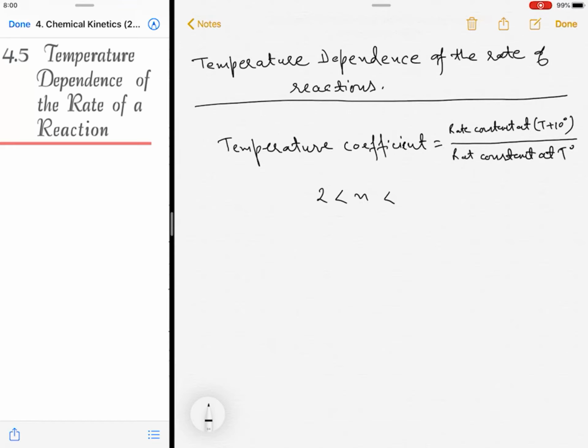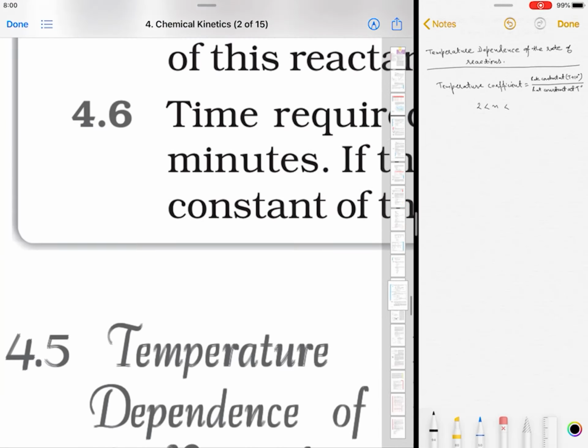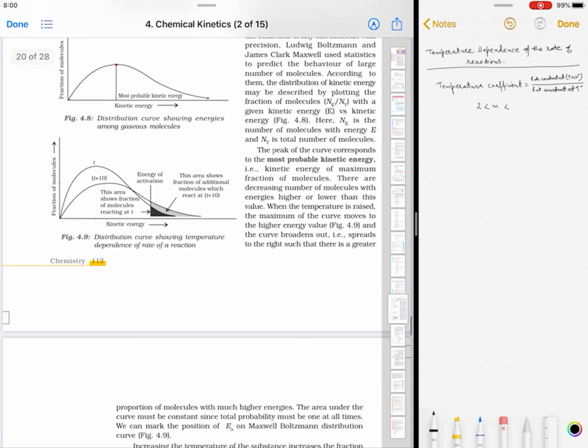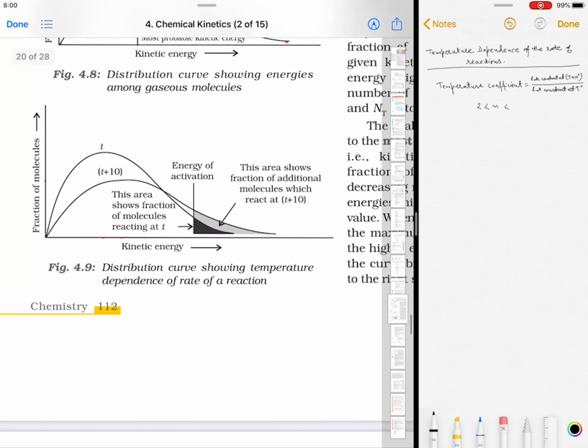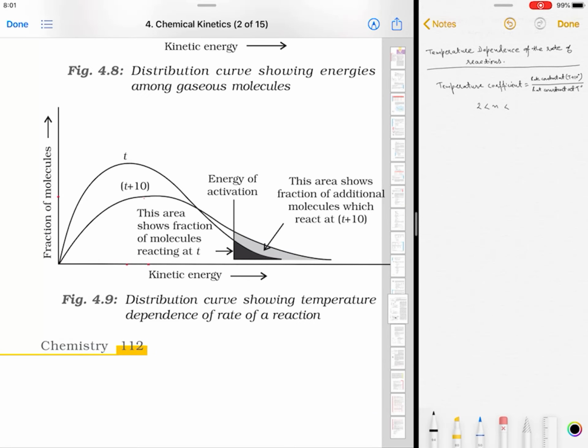Now why does this happen? ऐसा क्यों होता है? We can understand this if we study the graph between kinetic energy and fraction of molecules at two given temperatures.